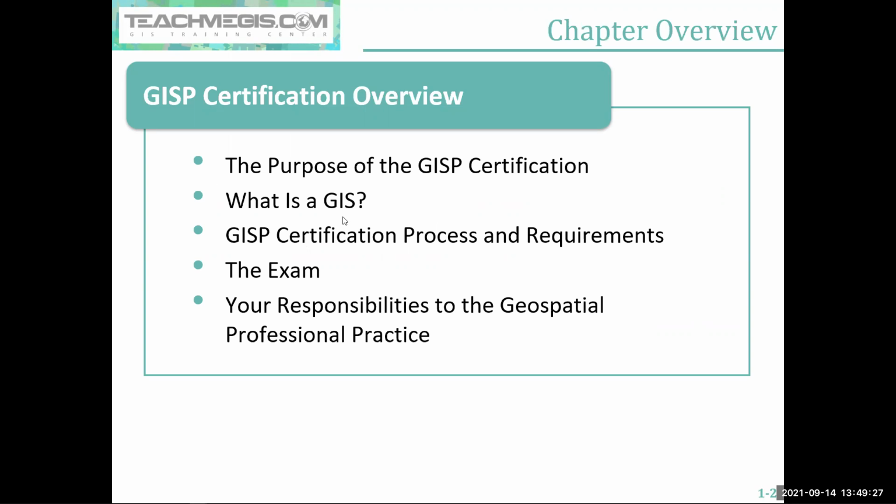We think we all know, but let's just define it to be sure. GISP certification process and requirements, how the exam is delivered and scored, and then a little about your responsibilities to the geospatial professional practice. Important for your efforts to become a GISP, but also things that you have to do to maintain that GISP after receiving it.